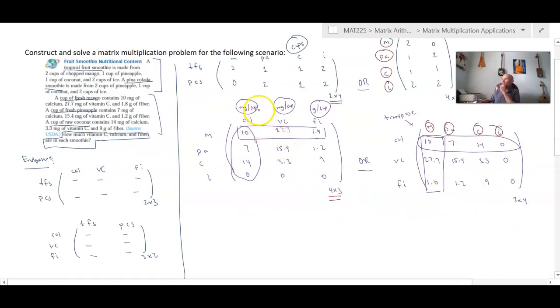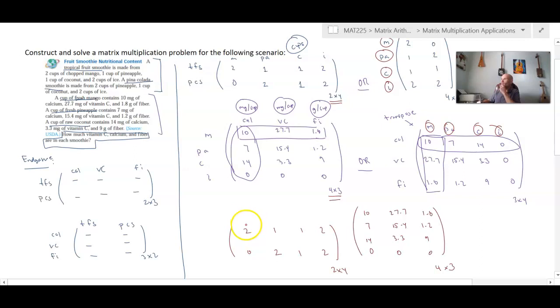So if I take a 2x4 times a 4x3, let me list these out one more time. 2, 1, 1, 2, 0, 2, 1, 2. And I multiplied that by 10, 7, 14, 0, 27.7, 15.4, 3.3, 0, 1.8, 1.2, 9, and 0. So I have a 2x4 with a 4x3.